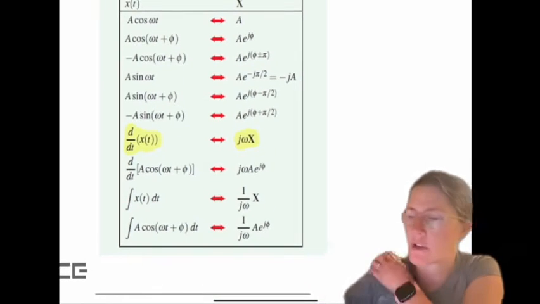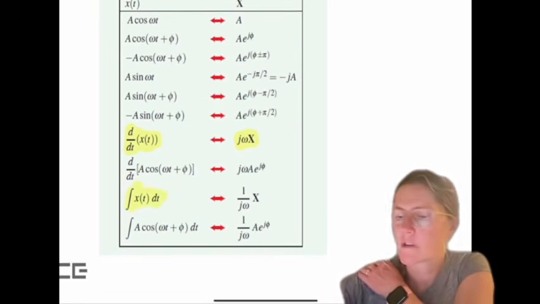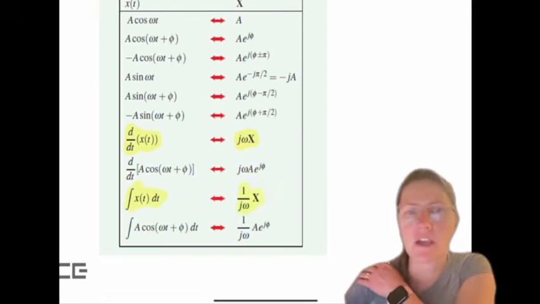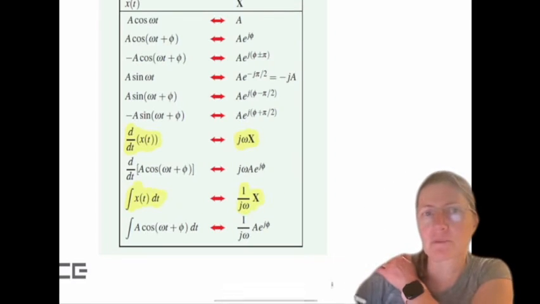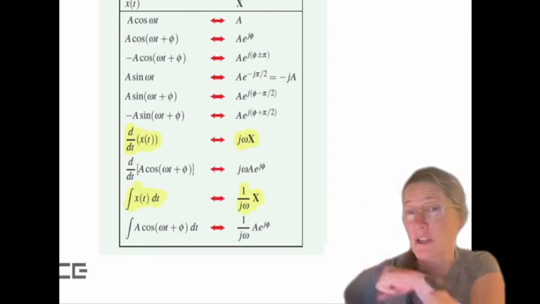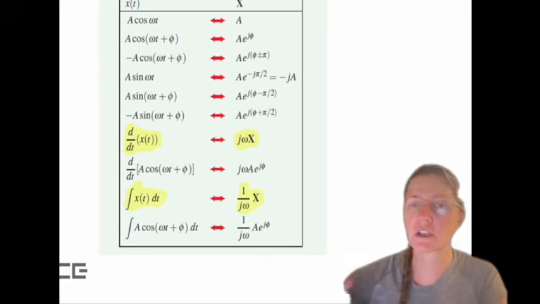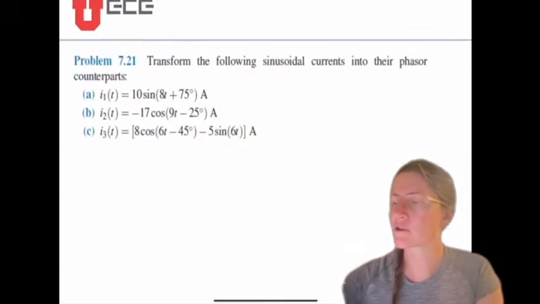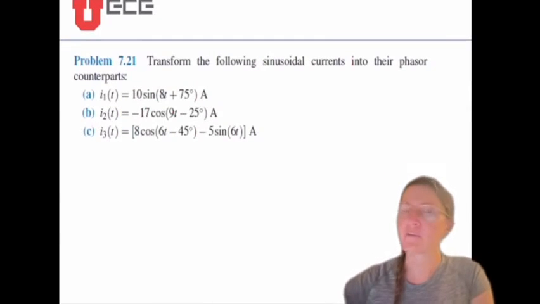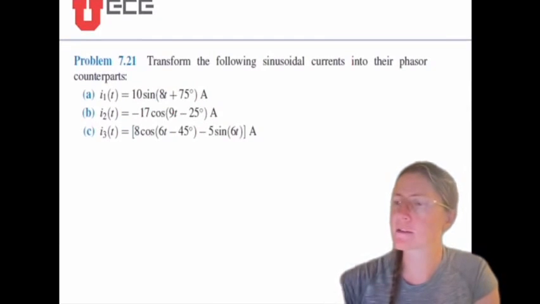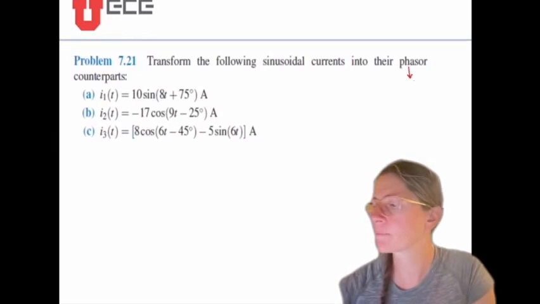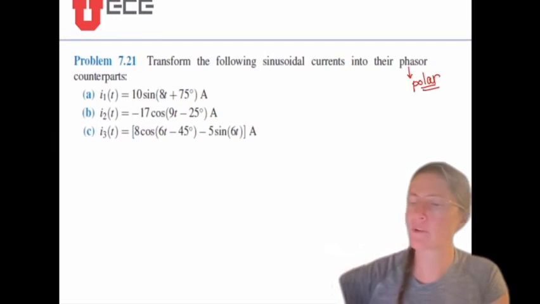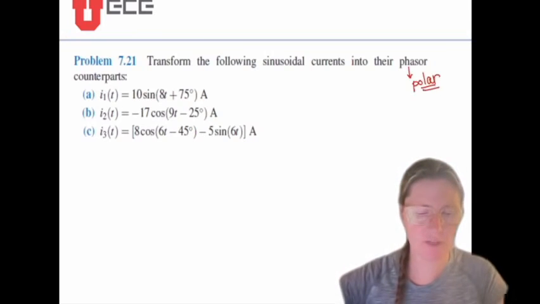And integration ends up being a 1 over j omega times that function. So these are really fun properties that we're going to get into in a little more detail next unit. All right, getting back to the transforming. So again, the phasor form means polar.